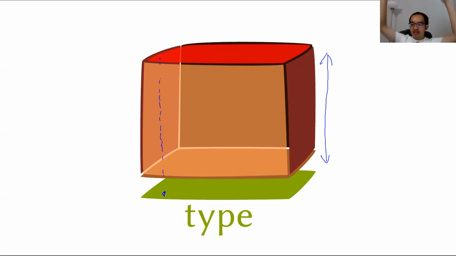So you can just look at the projection of the entire cube onto the ground, and the projection on the ground will be the type. So the type is kind of the basis or the foundation or the ground, whatever analogy works for you. So the top thing is what we get.